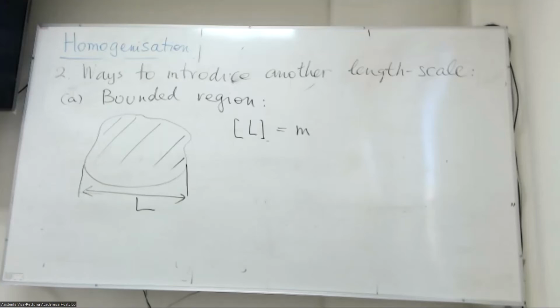You may think about the kind of shapes that come up when you talk about resonances, right? Resonant vibrations of a bounded region. So when you take a drum, the circular drum, it has the same length in all directions, in fact.